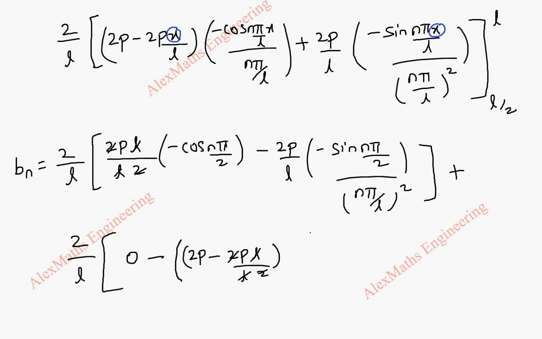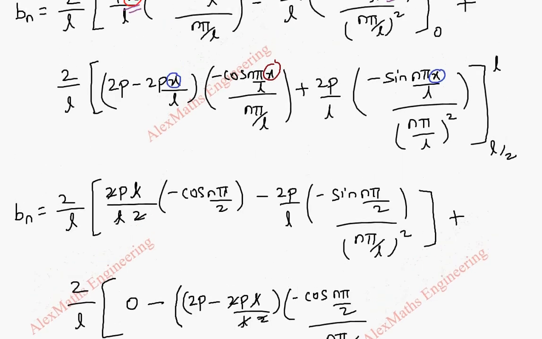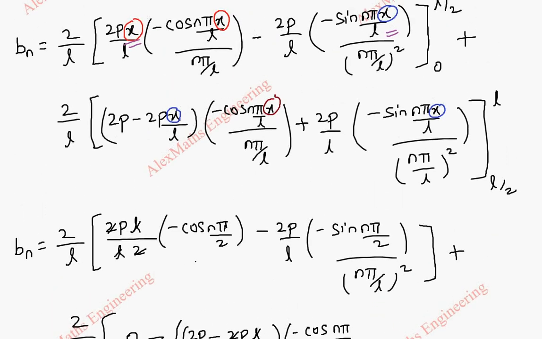Into, we have to write the L by 2 here again. So when I put L by 2, let's write this here, minus cos n pi by 2 by n pi by L. So even here, this n pi by L should come in the denominator.